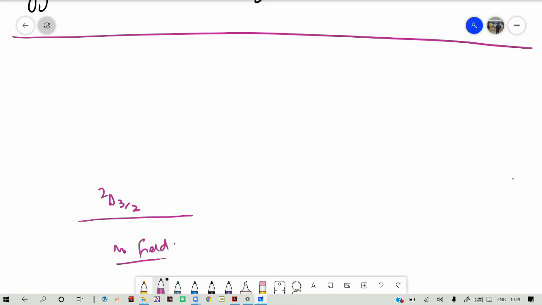So when we have no field, how many levels do you have corresponding to MJ value? We have this 3 by 2, 1 by 2, minus 1 by 2, minus 3 by 2. See, these are 4 levels.